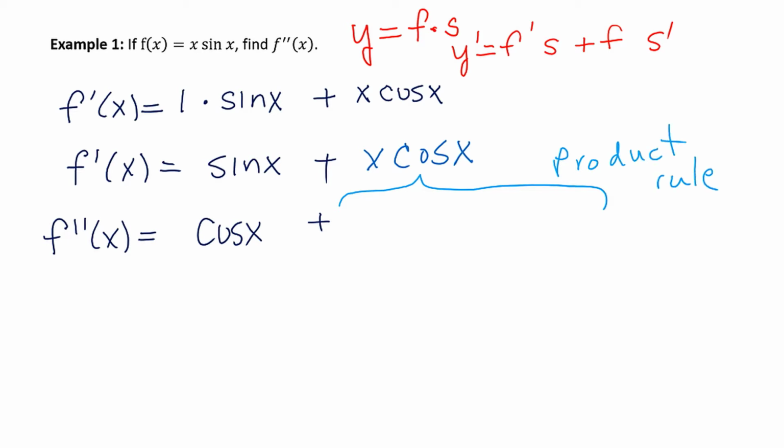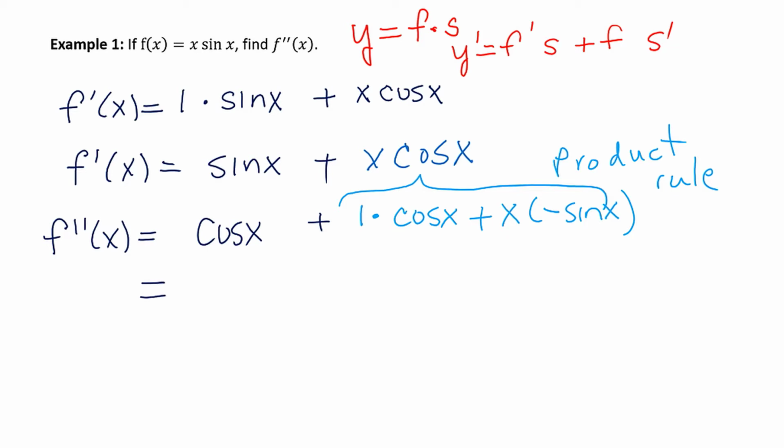In using the product rule, we'll have the derivative of the first function, the derivative of x is 1, times cosine x, plus the first function x times the derivative of cosine, which is minus sine x.